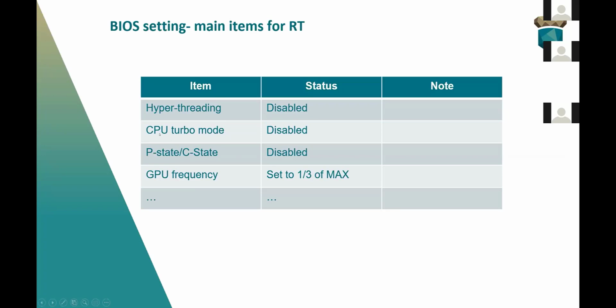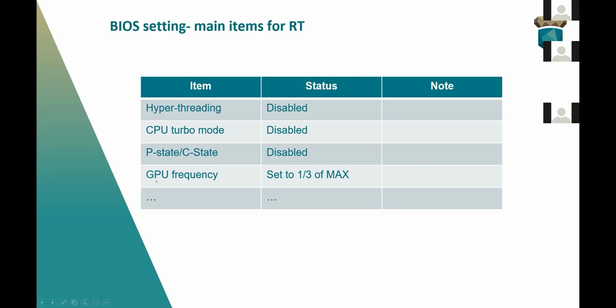The second and the third ones are about turbo mode and P-state and C-state. We want to disable them because it is better that the CPU runs at a fixed frequency for RTVM. If the frequency is changing while the RT task is running, it can cause some extra latency.